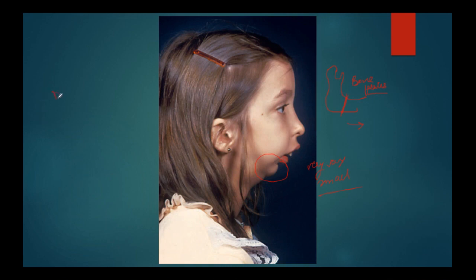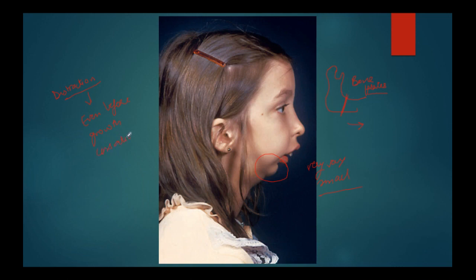So what we prefer here is to do distraction. A big important point is that distraction can be done even before growth cessation. So if I want to do distraction in this patient at this age, yes, I can do that.